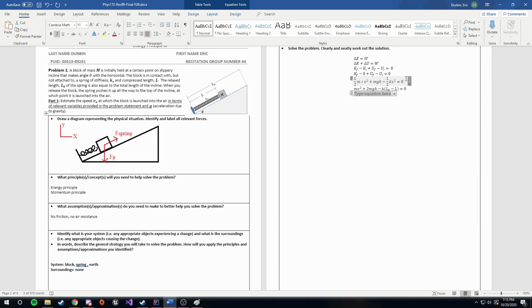The spring is also equal to the total. Oh, okay, so length is okay. I think we're calculating it at the very top of the ramp when the block lets go.